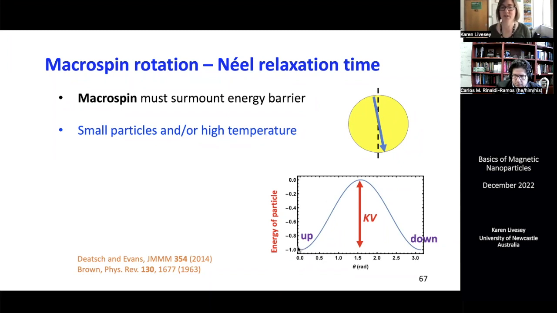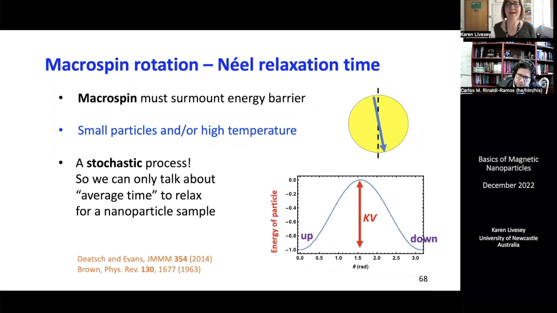At high temperature, we give the particles lots of thermal fluctuations, and those thermal fluctuations are what takes us over the barrier. This is a stochastic process because thermal fluctuations have some statistics to them, but they're unpredictable. Because it's a stochastic process, we can't talk about a time for a particle to relax. We can only talk about an average time for a particle to relax via Néel relaxation.